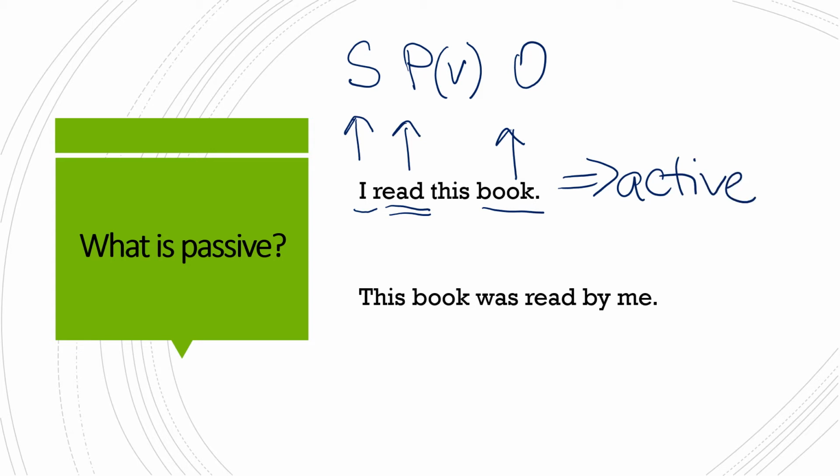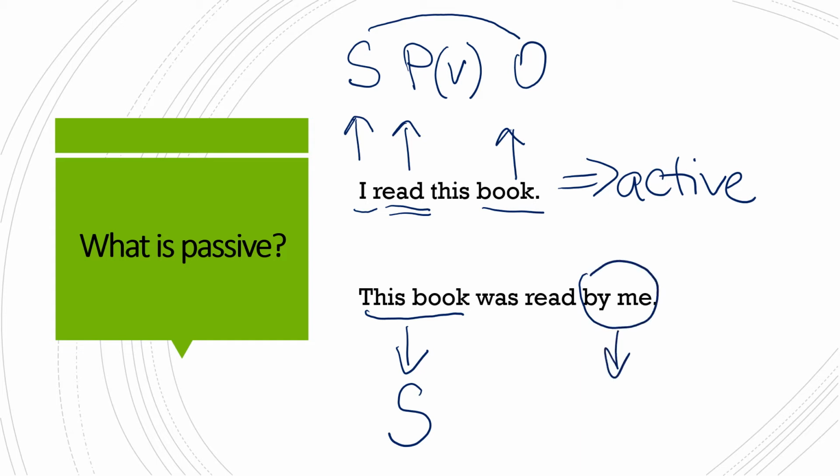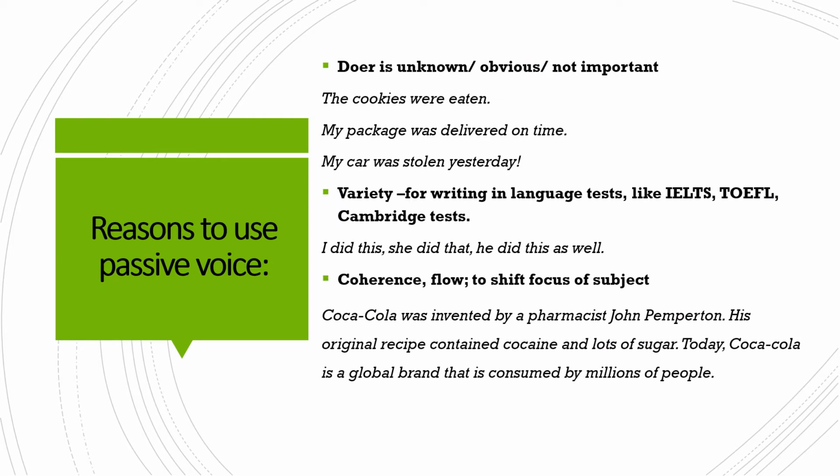Well, basically, subject and object swap the places. So this book becomes the subject and me becomes the object. So here we go, the swap. Verb is obviously changed as well, but we'll focus more on that in the next explanation video.